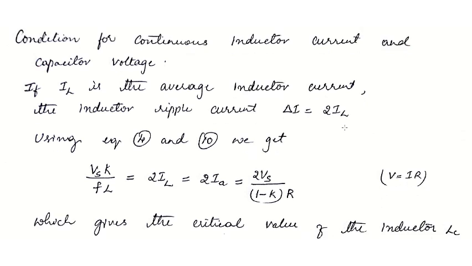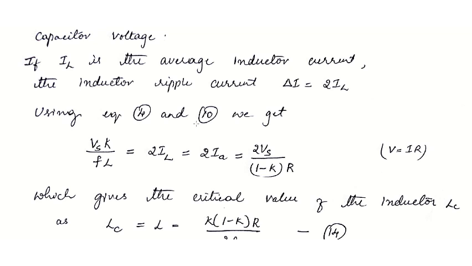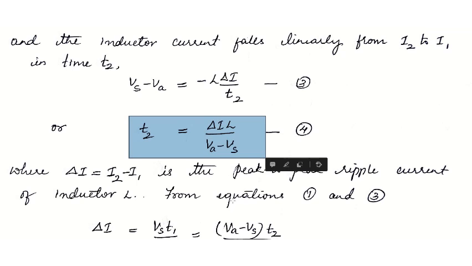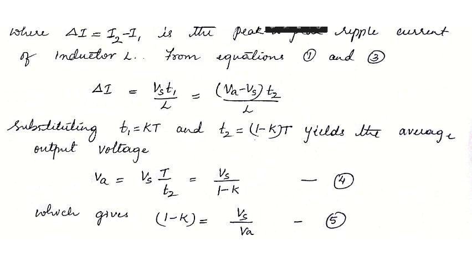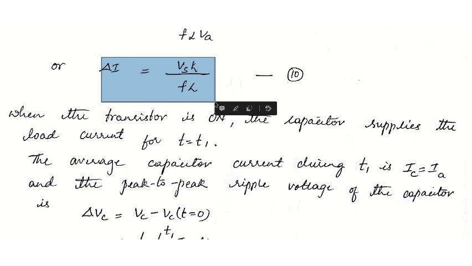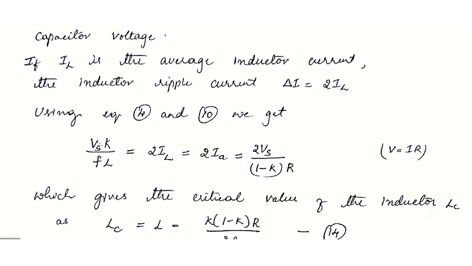So using equation 4 and 10, substituting these two here, we get VSK by FL, which is equal to 2 into IL, and 2 into IL is nothing but IA.